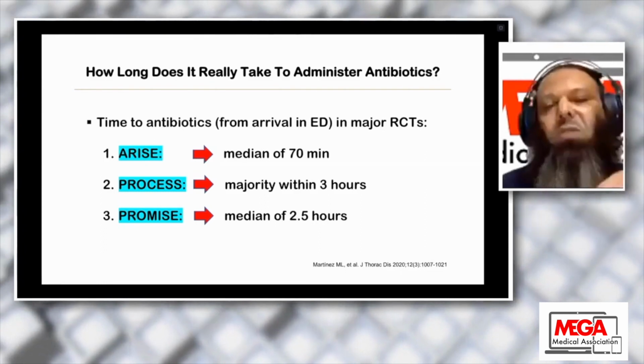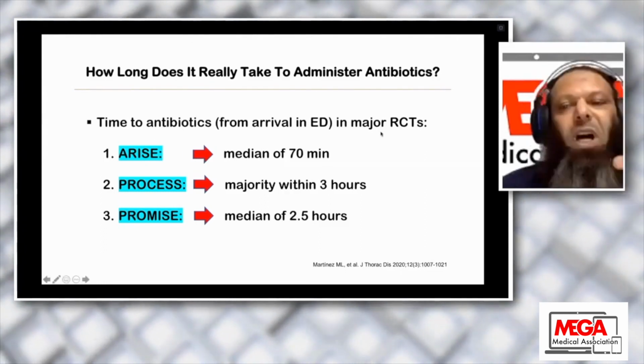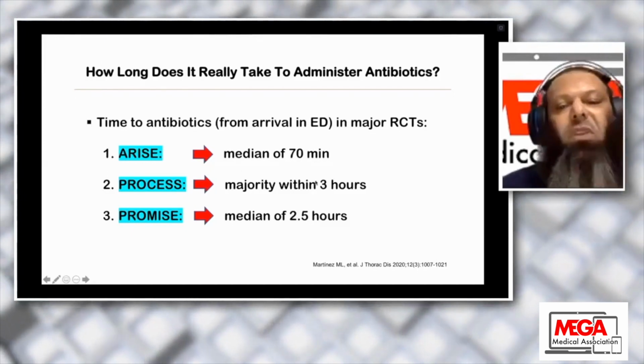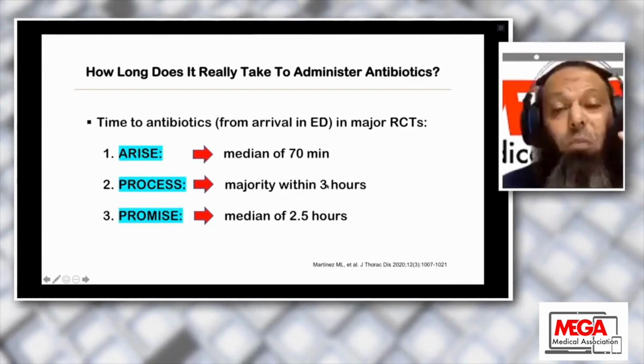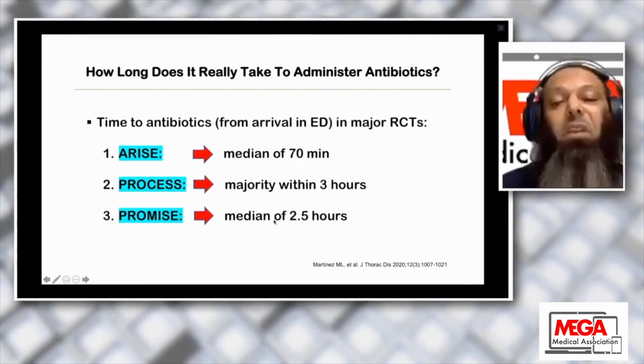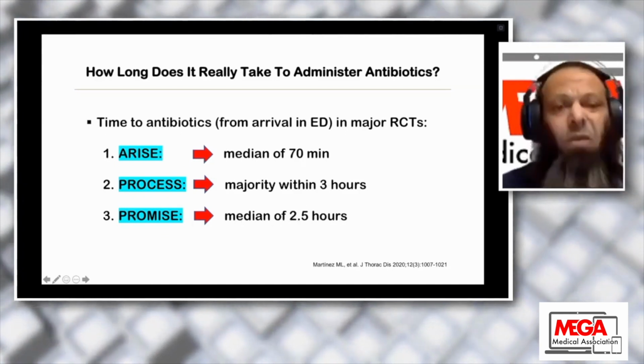Better, or evidence-based wise, is from sepsis diagnosis. So here in those 3 major RCTs, the median here was about 70 minutes. With the ProCESS trial, the majority was within 3 hours. With the ProMISE trial, the median was about 2.5 hours.